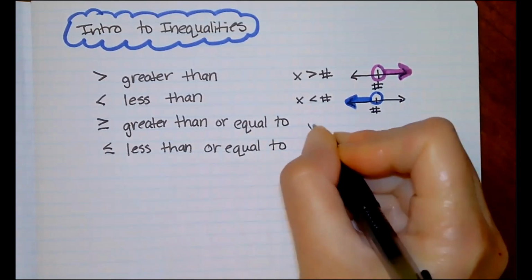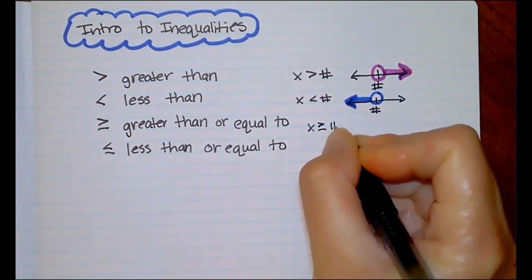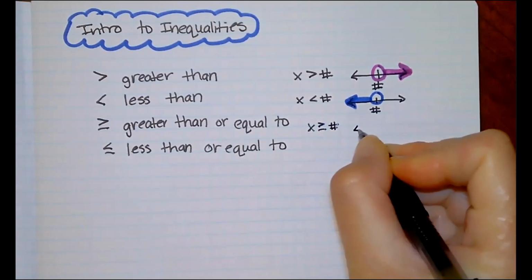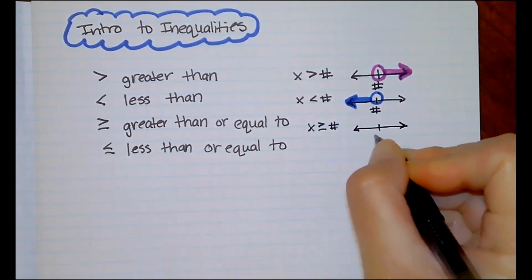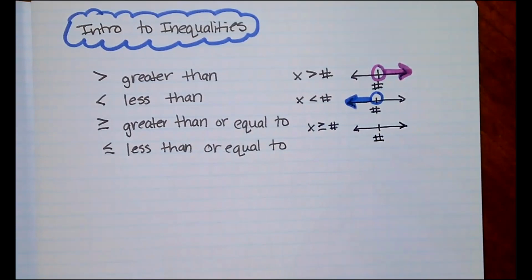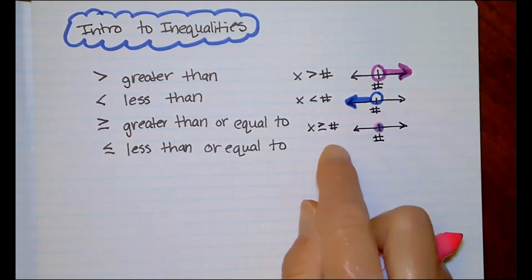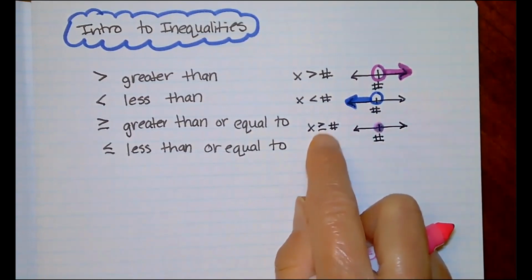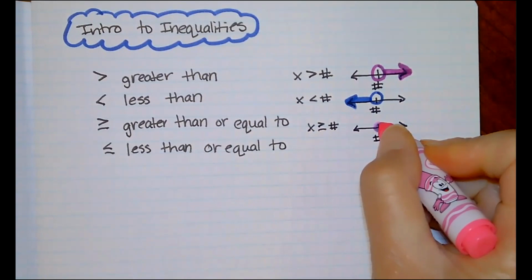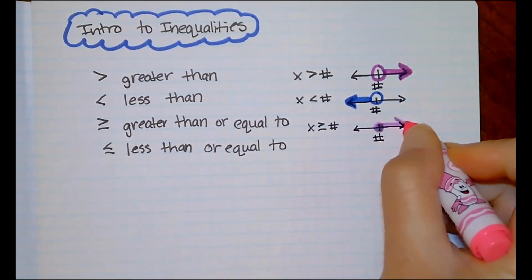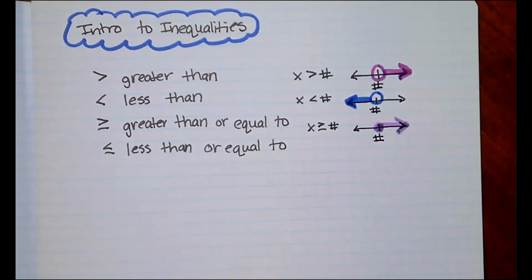So if I have x is greater than or equal to a number, then what's going to happen is I'm going to have a closed circle because now that number is going to be included, it's equal to it. And then I want everything greater, which is going to be to the right.